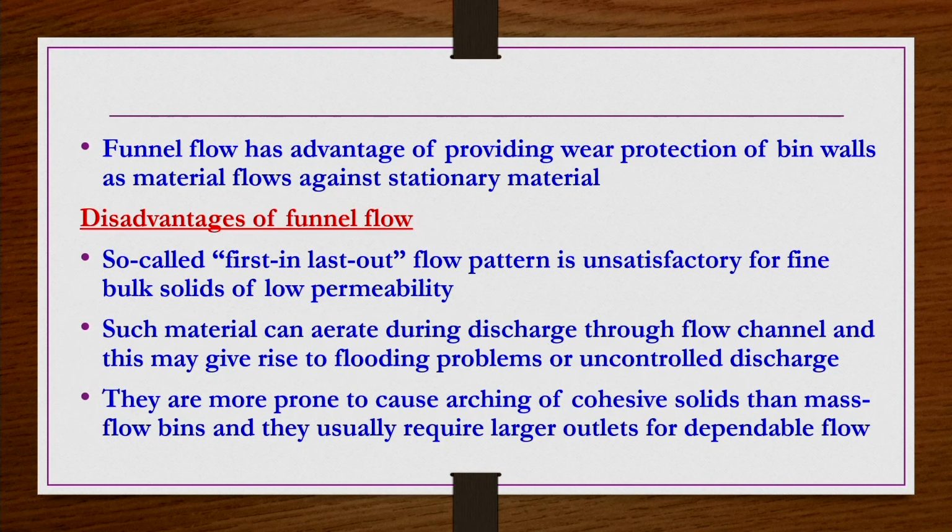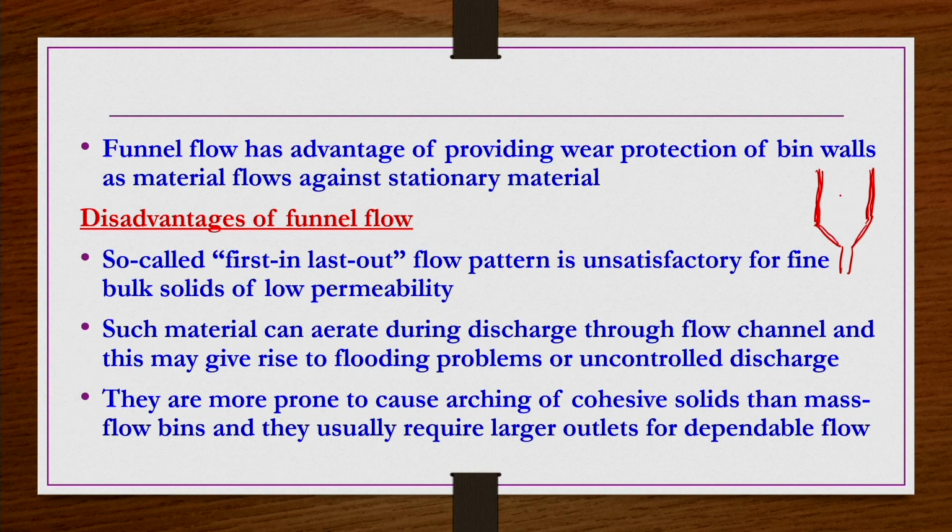They are also more prone to cause arching of cohesive solids than mass flow bins, and they usually require larger outlets for dependable flow. If the bin is designed in such a way that funnel flow develops, the flow itself is not reliable or good.